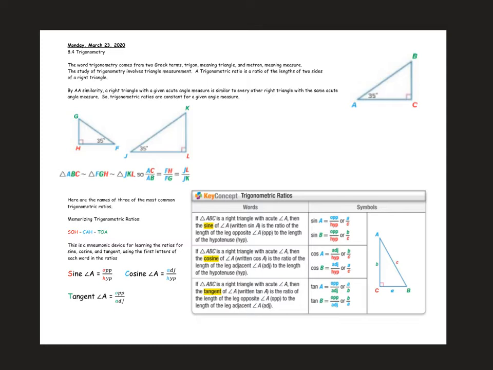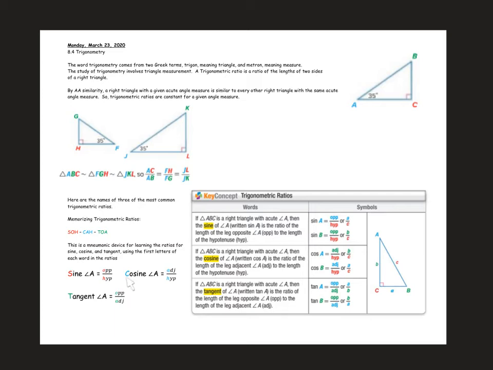If you use the first letter of each word in the ratios, that's how you get SOH CAH TOA. The sine of angle A, S for sine, is equal to the opposite side, O, over the hypotenuse, H. So sine is opposite over hypotenuse.